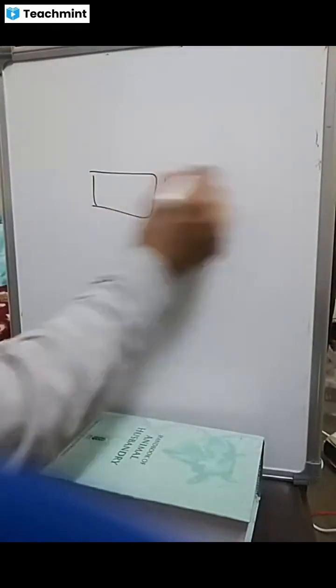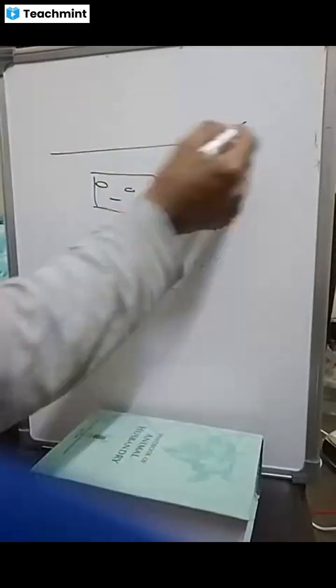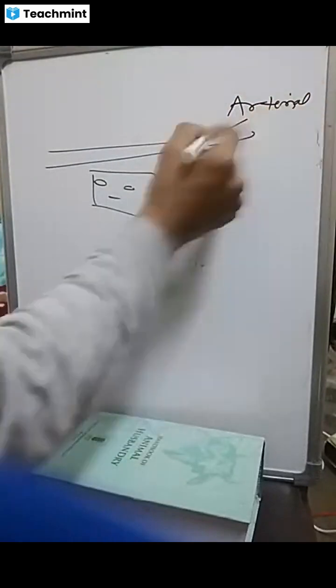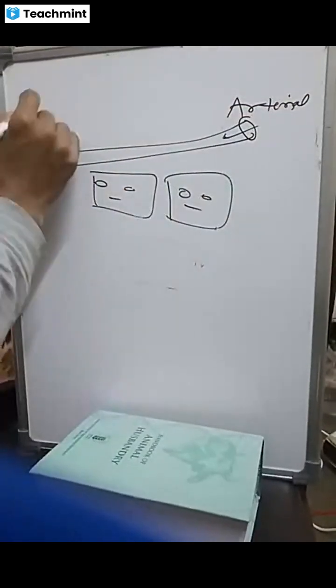If we compare all the four, this is the cell or any tissue, then this is the arterial supply and this is the venous supply.